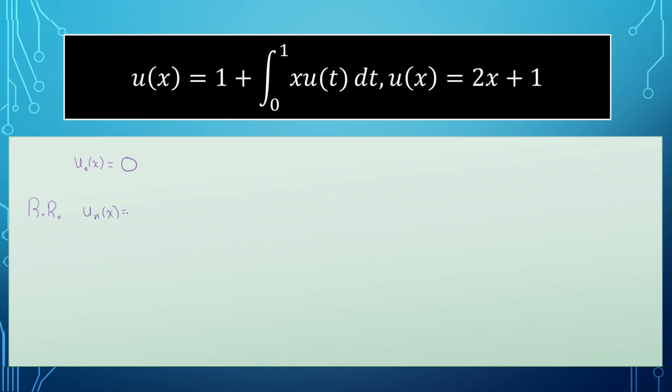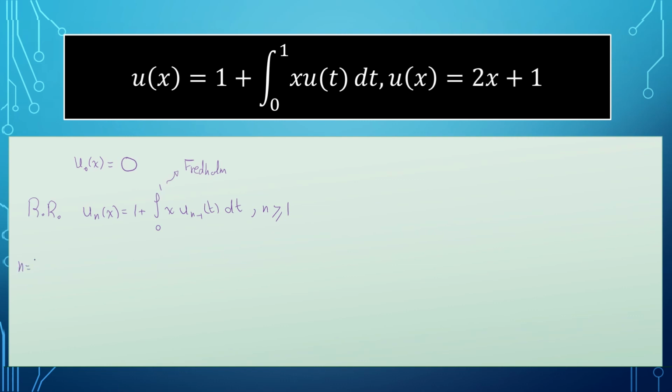un of x equal to 1 plus the integration from 0 to 1. That's why we said it's Fredholm. x un minus 1 of t dt, where n is greater than or equal to 1.